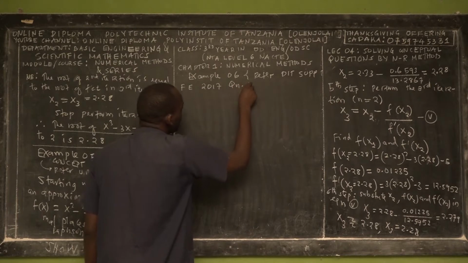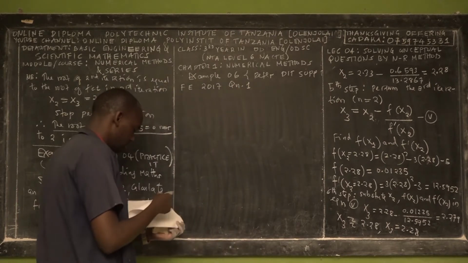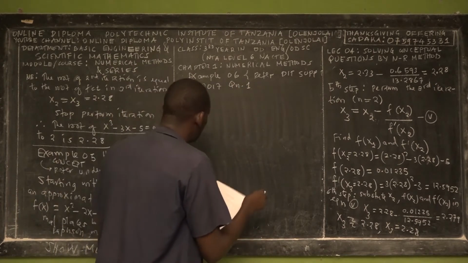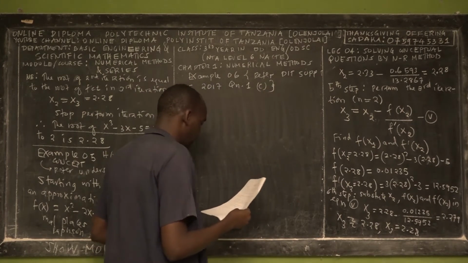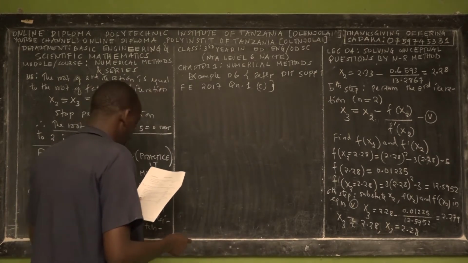Question 1, Roman C. It was asking you a question about the Newton-Raphson method.